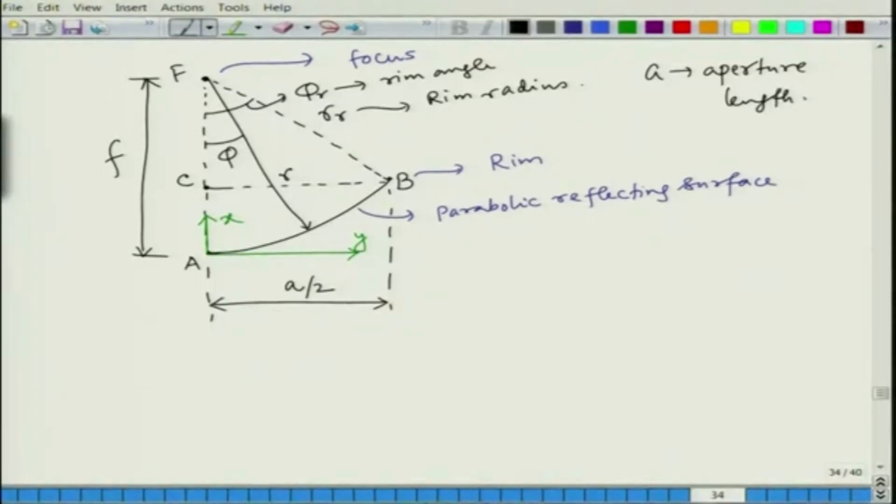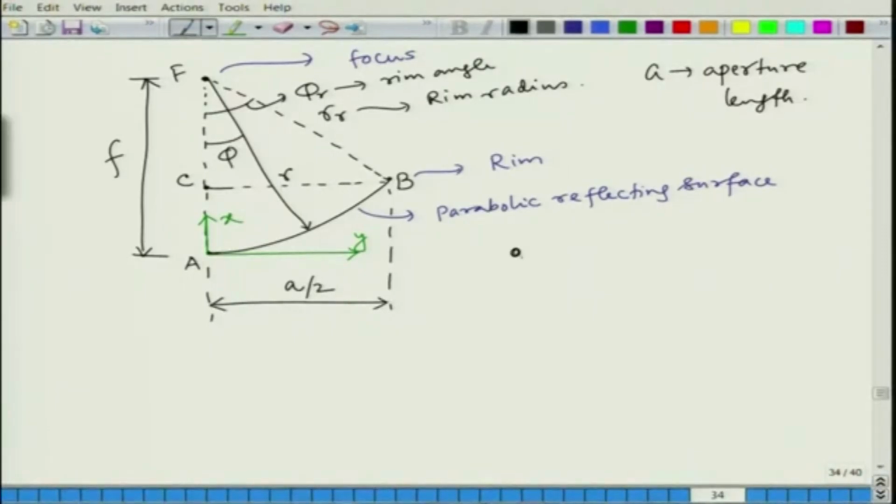And please note that this figure that we have drawn, this plane is actually running perpendicular to the plane of the board, and that is why it is a 2-dimensional figure. Okay. We have just drawn a slice of that extended plane, and that is a 2-dimensional plane. Okay.